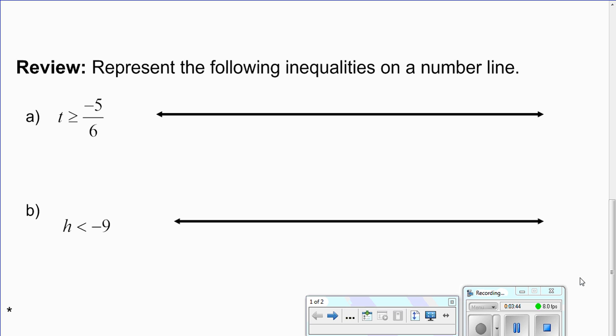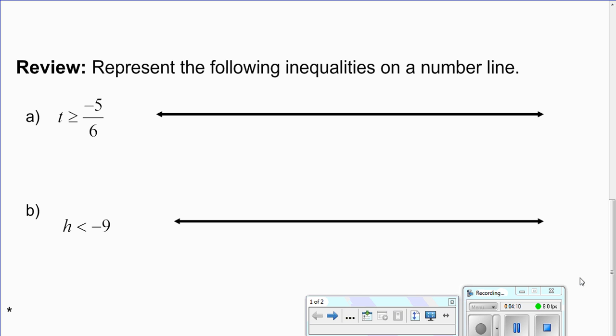Okay, so on the first one, we're saying that t must be greater than -5/6. So my suggestion to you is to put these into decimals. You're not going to necessarily graph them on your number line as a decimal, but at least when you see it as a decimal, you can think of, okay, what whole numbers does it fit between? And so when we take -5/6, you should realize that it is a little bit less than 1.